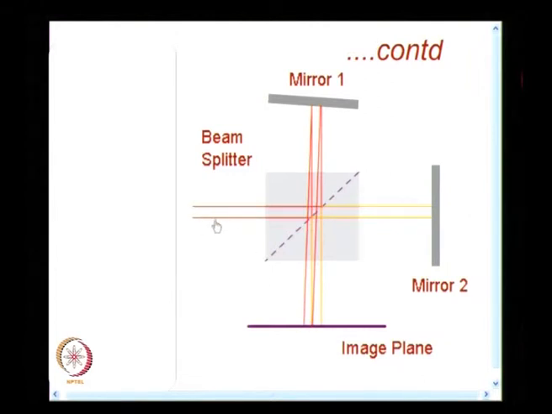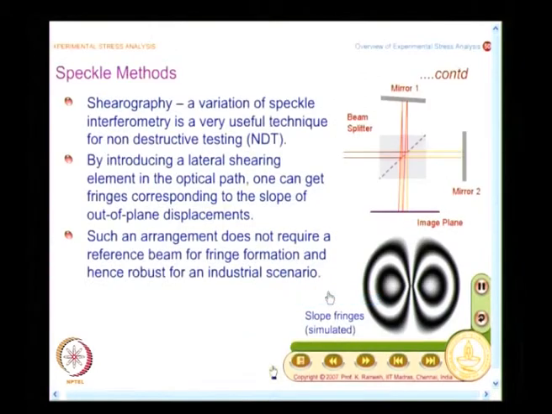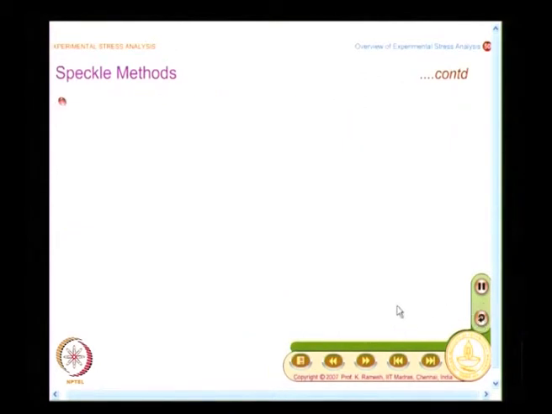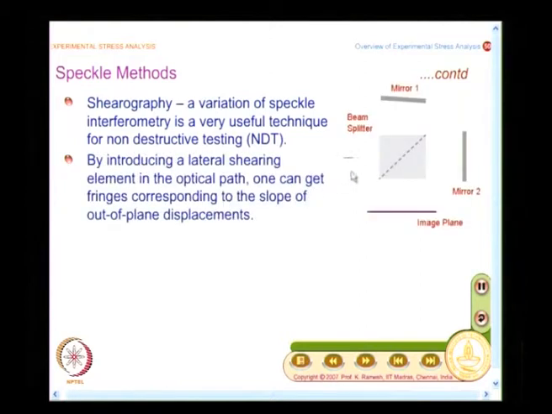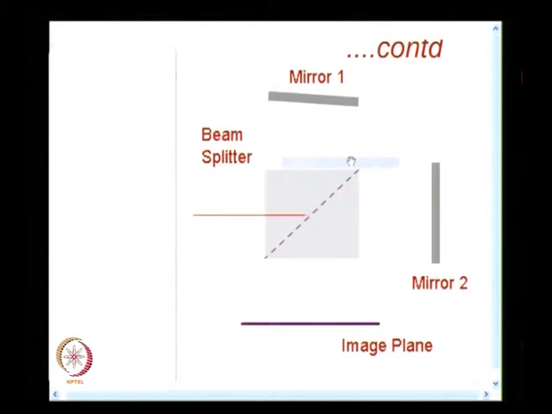So, for each incident ray you will have 2 rays impinging on the image plane, and we will just have a look at the animation again. And this is what you see here. The ray goes straight and hits this mirror, another component goes to mirror 1 and this gets sheared.